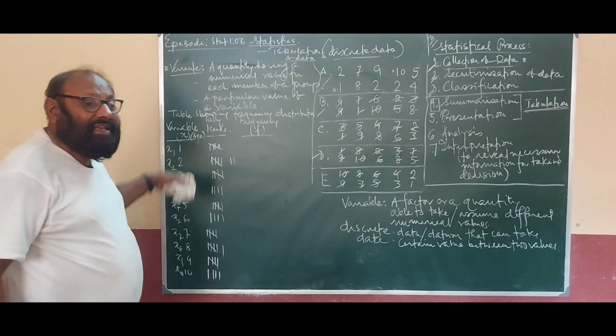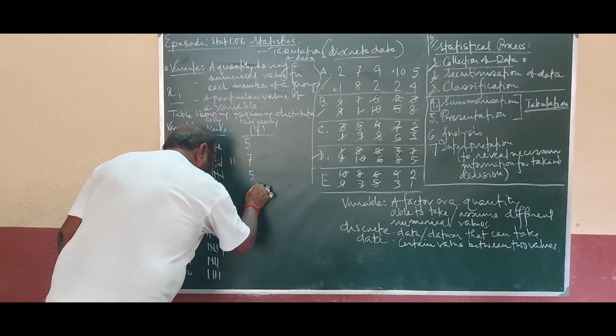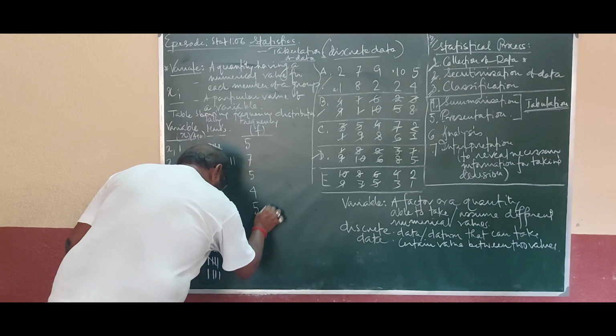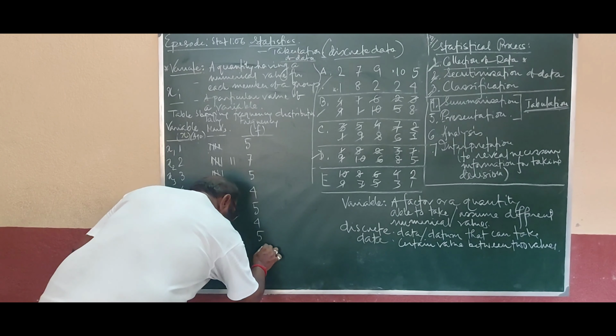How? With the help of a frequency table, with the help of tally marks. Now what is the frequency? It is 5, 5 plus 2 is 7, then 5, 4, 5, 4, 5, 6, 5 plus 1, 5 and 4.